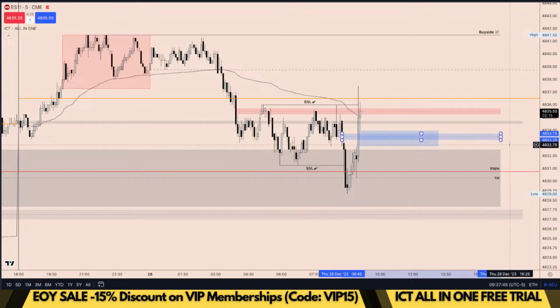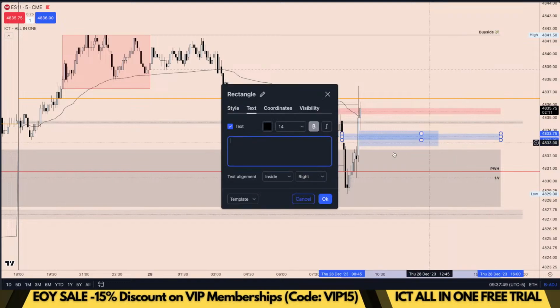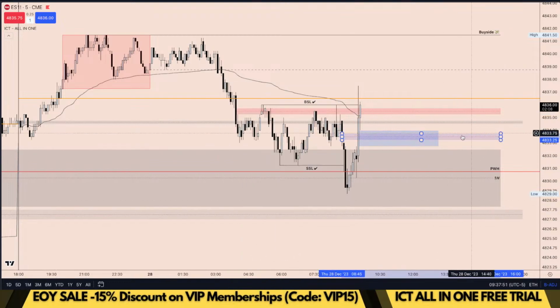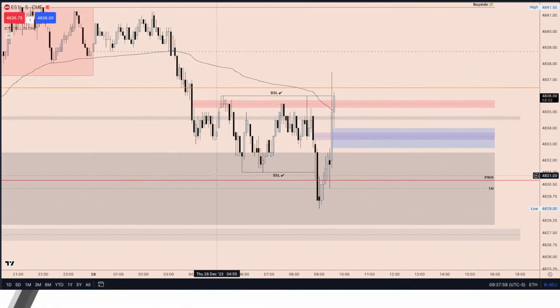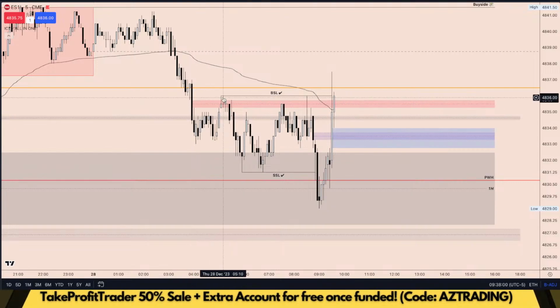The only inversion fair value gap inside this last price leg to the downside. So I'm going to keep an eye on that. Bullish fair value gap, inversion fair value gap. Low, lower high, lower low, lower high, lower low.